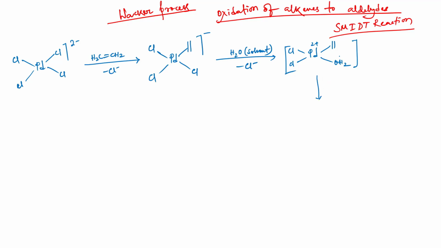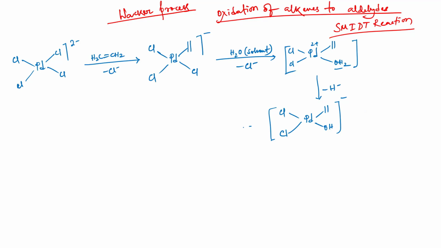One of the protons from this coordinated water is liberated and the compound will become, and since OH has -1 charge, the total charge of the complex becomes -1.